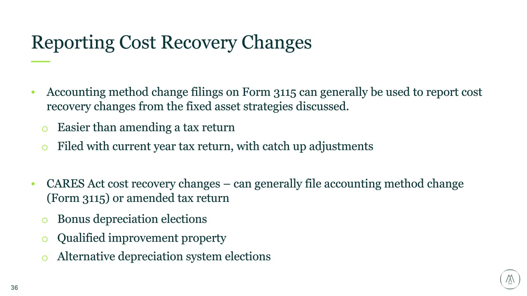Luckily, the IRS allows us to do what's called an automatic accounting method change request on a Form 3115. It's a very streamlined reporting process that allows us to essentially file that form with our current year tax return. There's no need to go back and amend any prior year tax returns to report many of these changes that Kyle and I have been talking about today. The rationale is the IRS acknowledges that many of these cost recovery methods and provisions have been available.